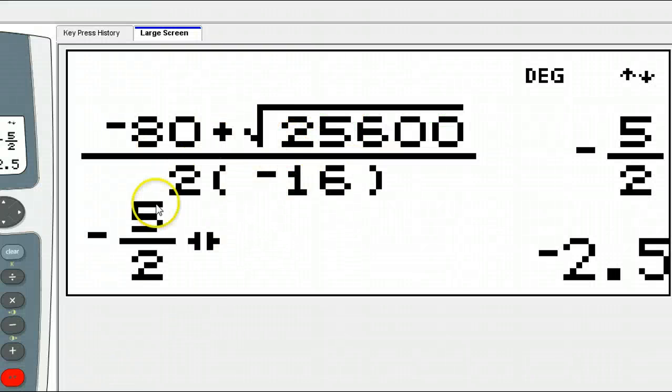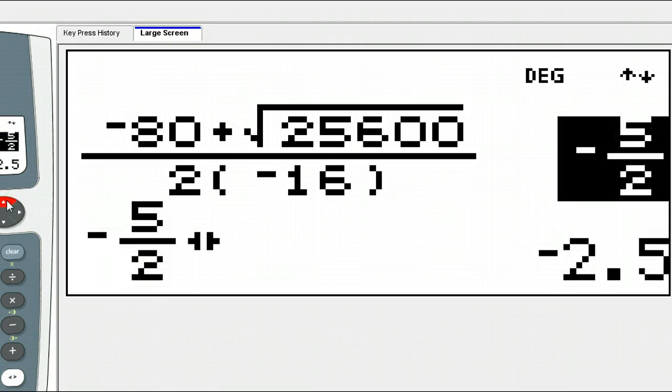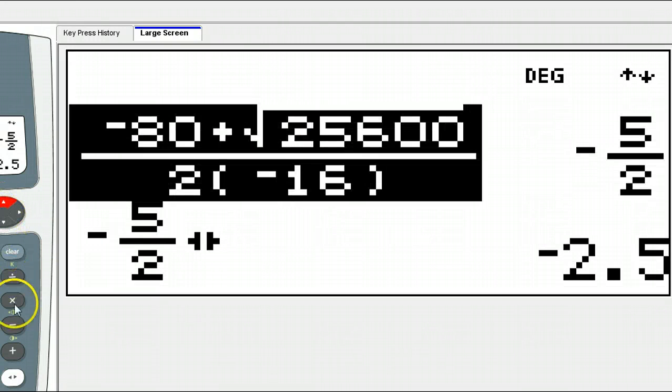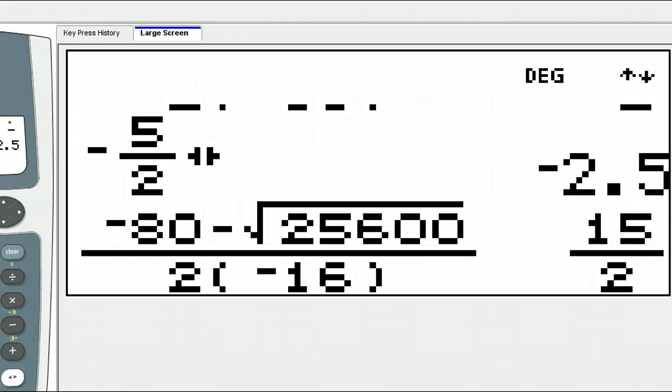I don't feel like typing this whole thing in again. So if I use my up arrow key, I can go back to it and just hit enter. Now I can use my left arrow key to shimmy over and change that plus to a minus and hit enter. So I got 15 over 2, toggle it.